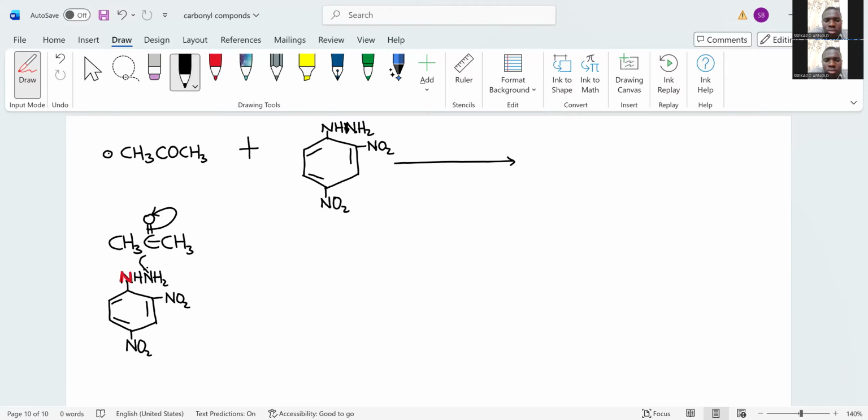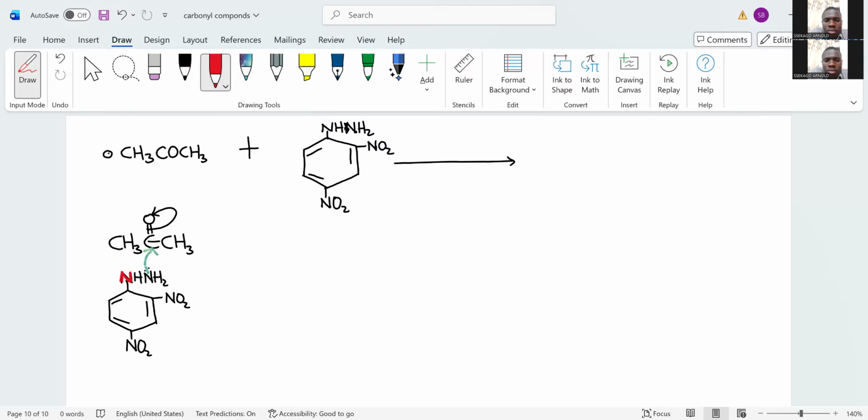And you donate them to carbon. So you use lone pairs of electrons on that nitrogen, then donate them to carbon, which is electron deficient. Like that.